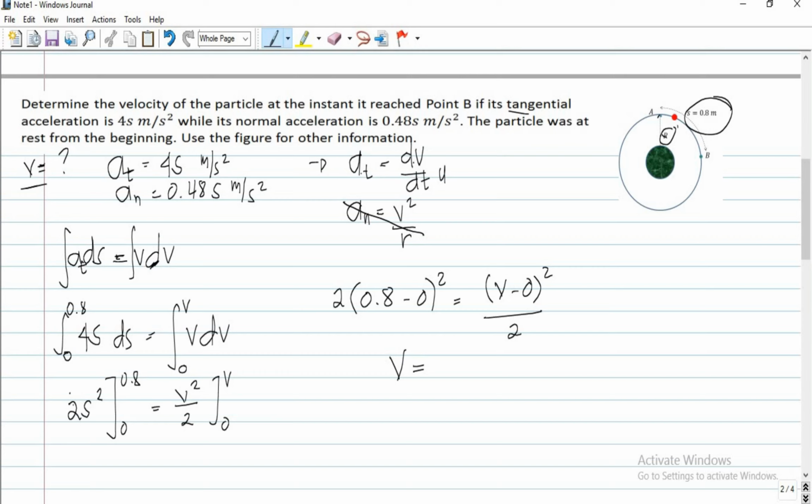That is 2 times 0.8 squared times 2, so our v now is equal to 1.6 meters per second. Ito nga yun, yung velocity na hinahanap sa problem na to.